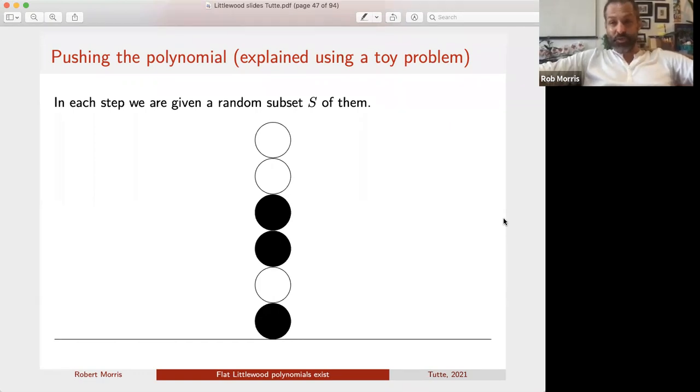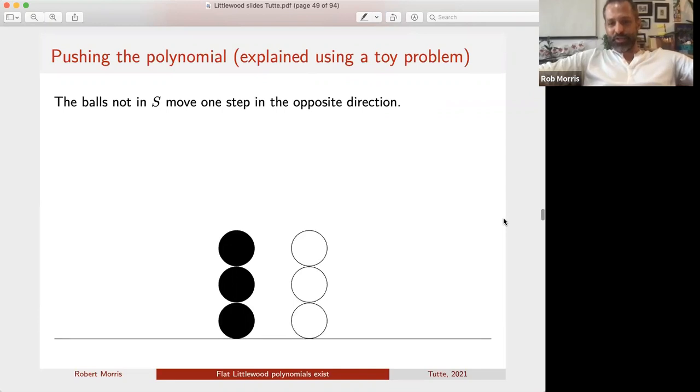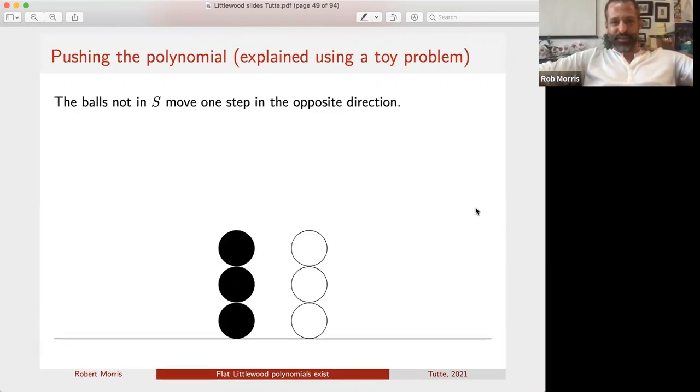We get to choose epsilon k, and what that does is it pushes the black balls right and the white balls left, or vice versa. So we get to choose if we push the black balls left and the white balls right, or the black balls right and the white balls left. And that's it, that's for a single k. Then for the next k, we get a new independent set of balls: half move left, half move right.